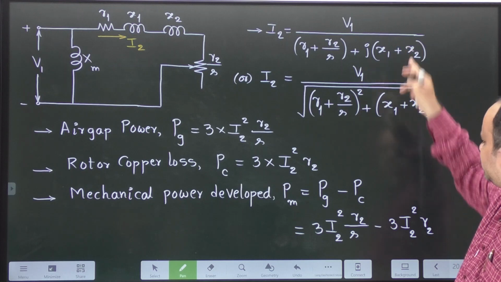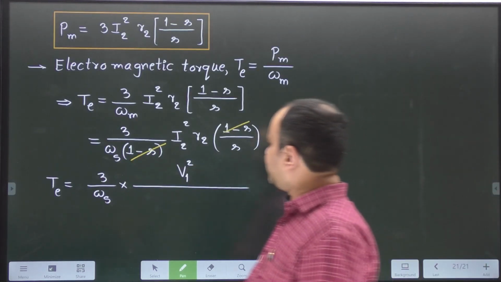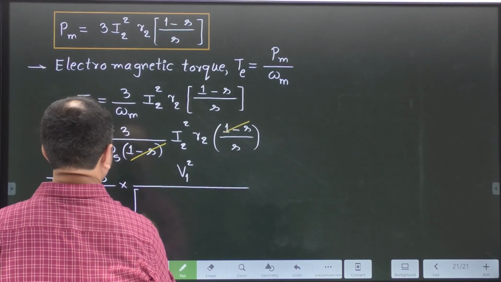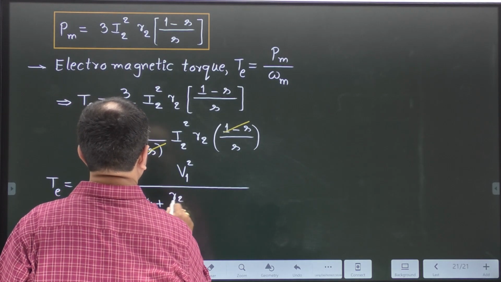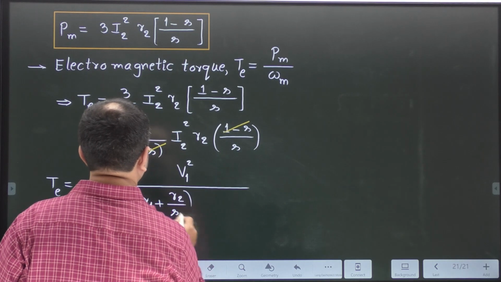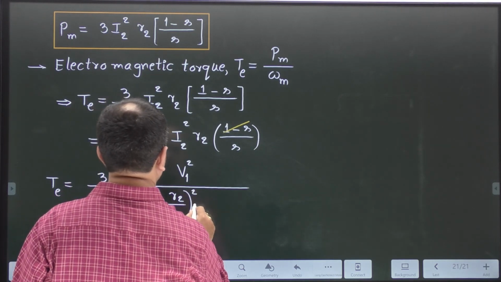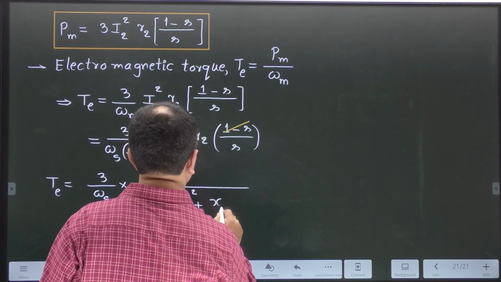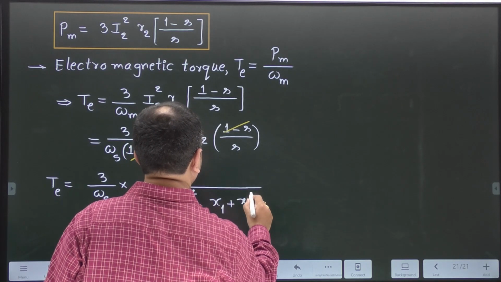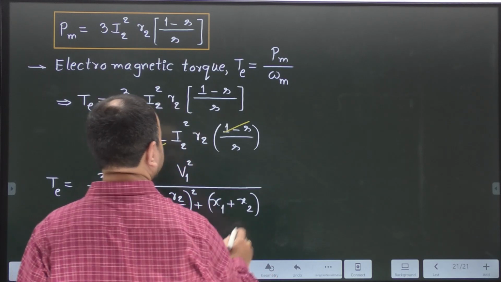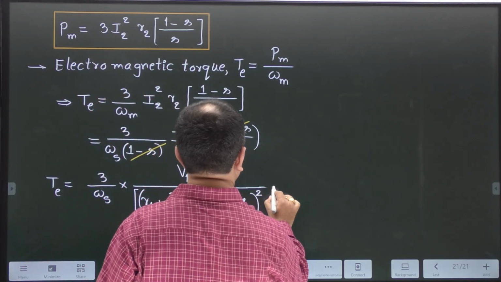If you square it, V1 square divided by (R1 plus R2 by S) whole square plus (X1 plus X2) whole square.